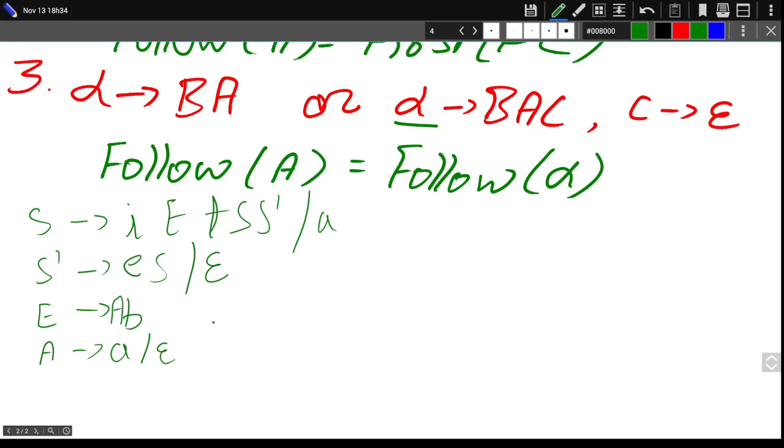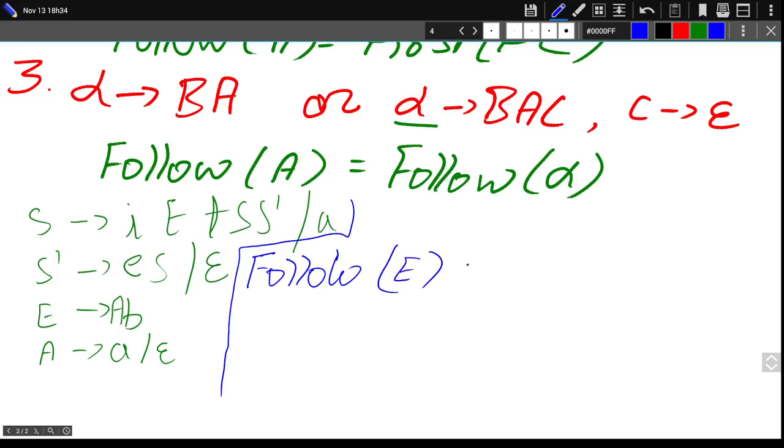Here, if you try to find something related to follow, suppose follow of E. For follow of E we are not going to see this place.